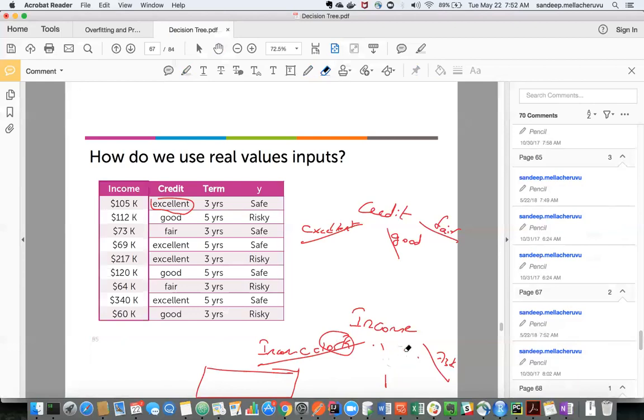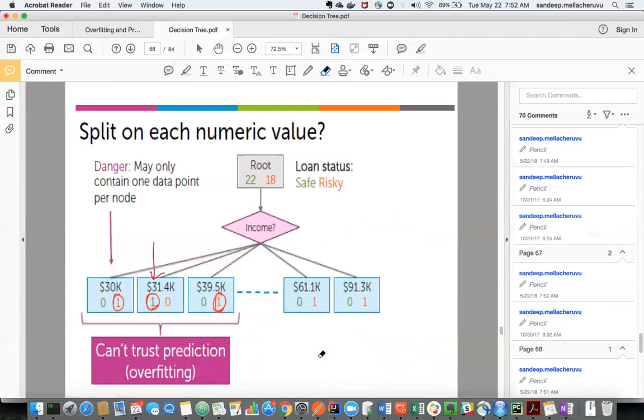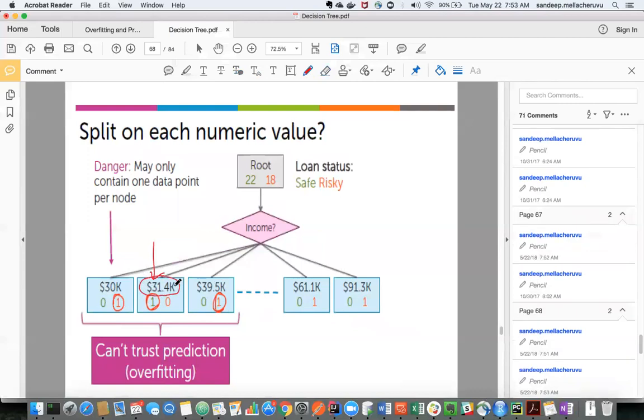Most of the times what happens is you'll split your data like this. There will be only one data point, either it is safe or risky. But this is a problem because for a new data point, what is the chance that he'll exactly get this kind of an income?